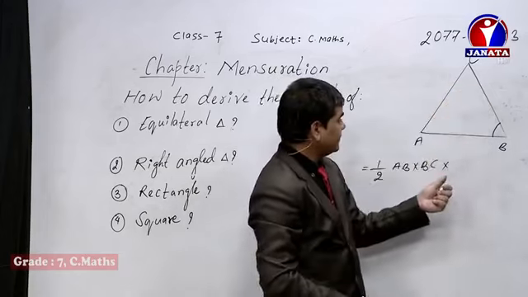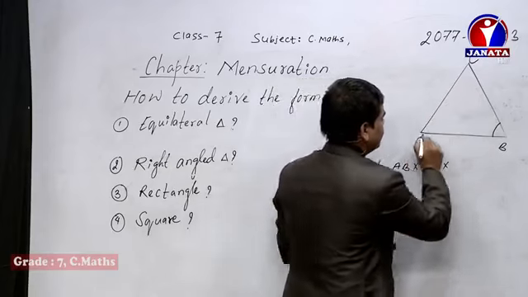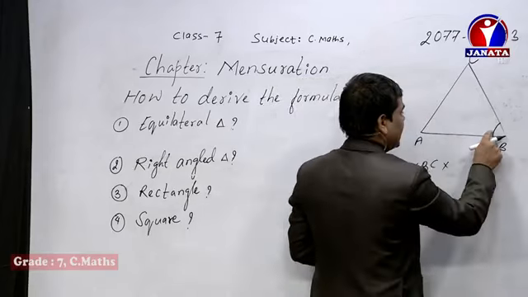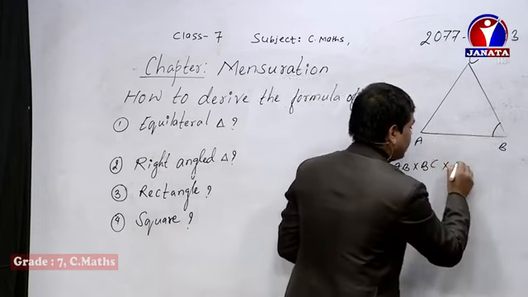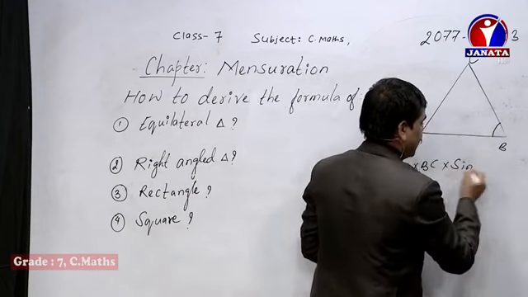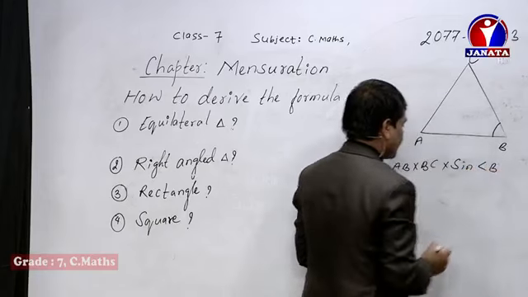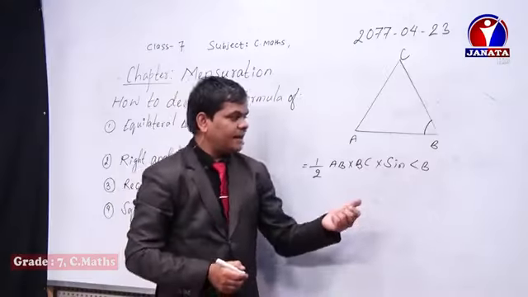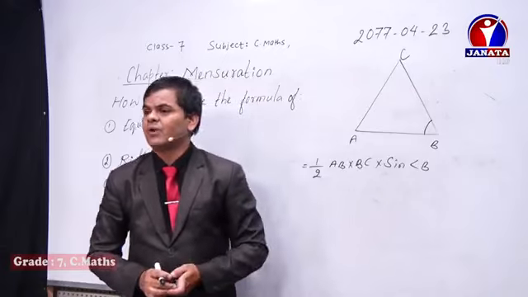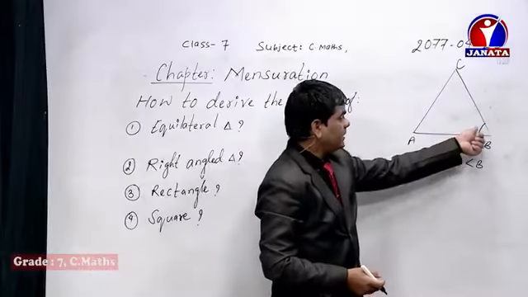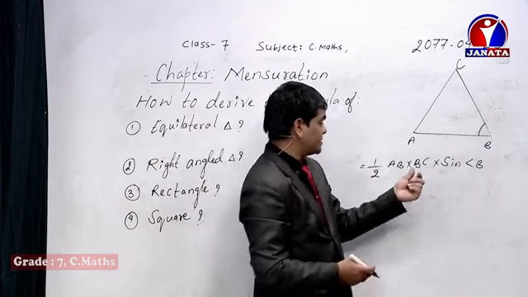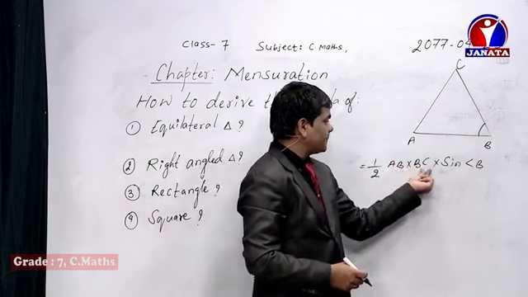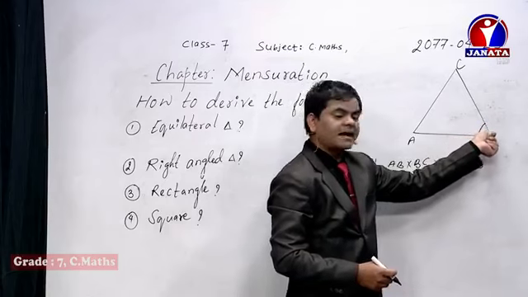The angle in between AB and BC is angle ABC, or angle B. So that angle we use in terms of sine, sine B. This is the formula for finding the area of a triangle having one angle given, and its two adjacent sides given. Two adjacent sides means these two, adjacent to each other by the angle B.